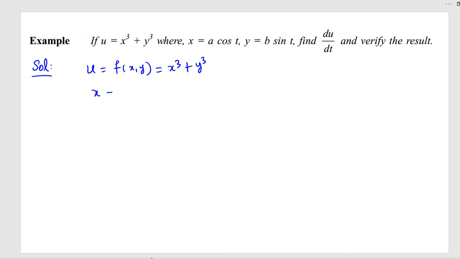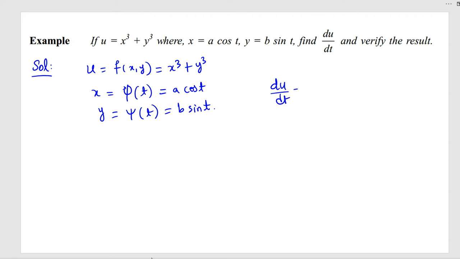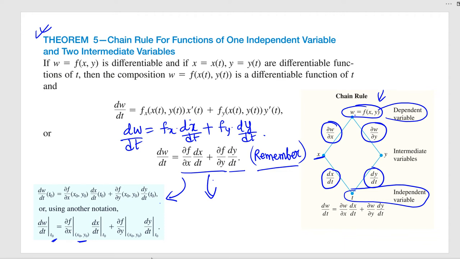Here x is a function of, for example, phi of t, that is a cosine t. And y is given as, for example, psi of t, this is given as b sine of t. Now you want to find out du dt. By the previous theorem, theorem 5, what do we have?